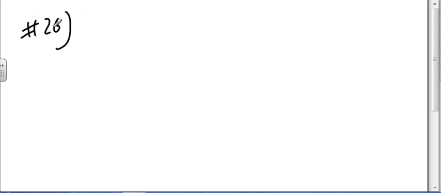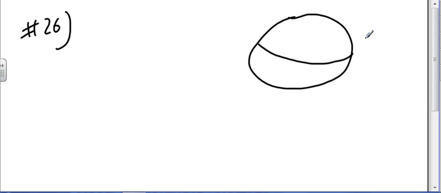Okay, looking at 26, a spherical balloon. Got a balloon, and the radius of the balloon is 7.15.